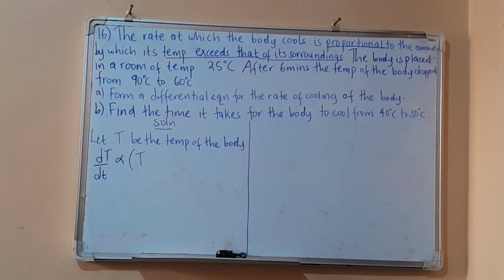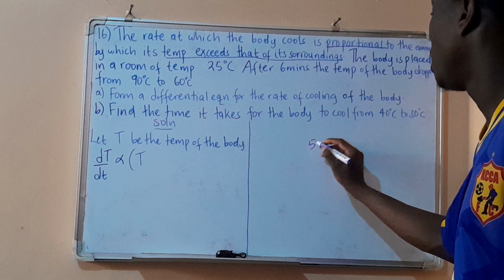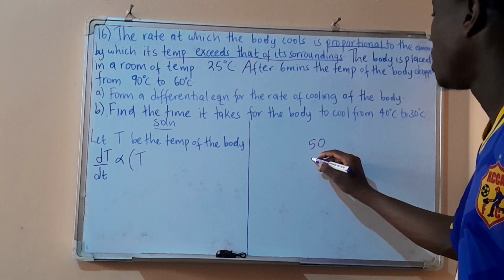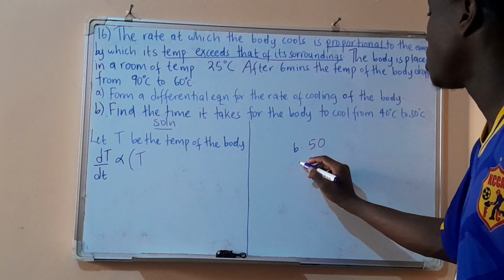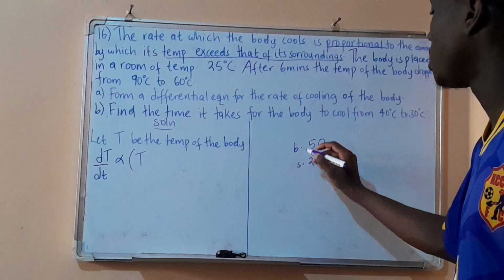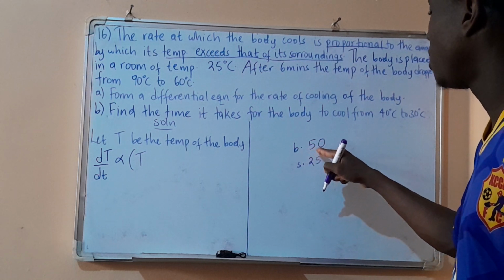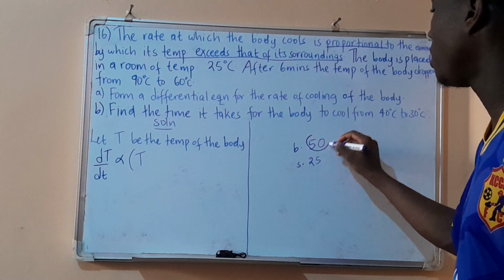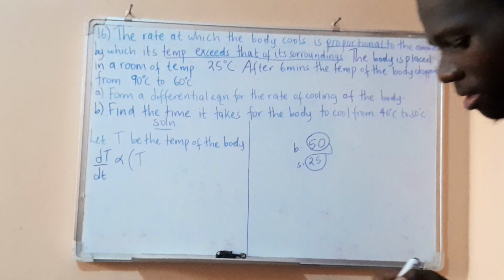It's like if I say that the temperature of the body is 50 and the temperature of the surroundings is 25. So that rate is proportional to the amount by which 50 exceeds 25.